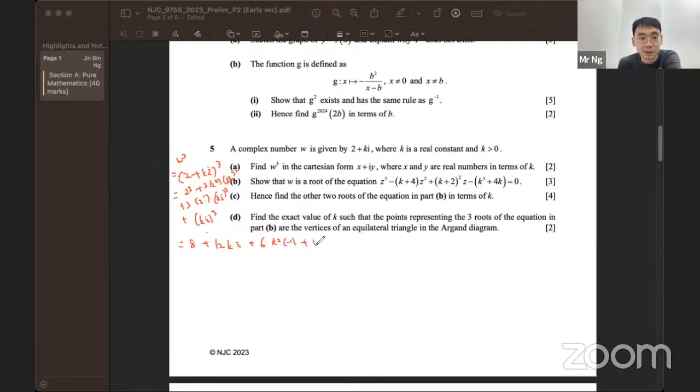After that, plus K cubed and minus 1 and I. So equals to 8 plus 8 minus 6K squared plus 12K minus K cubed I. Okay, I don't know, plug in some K, right?